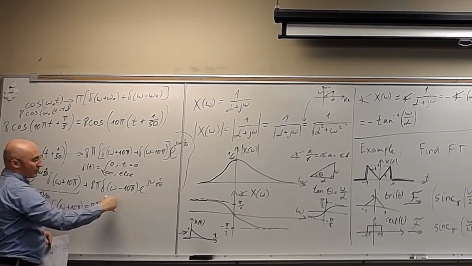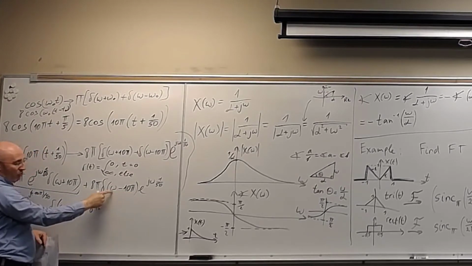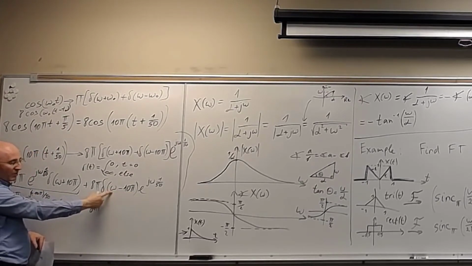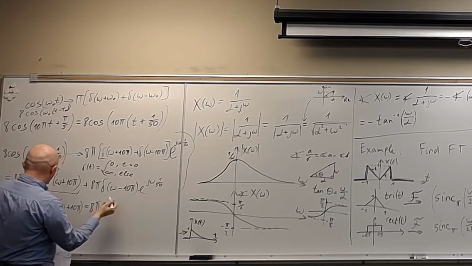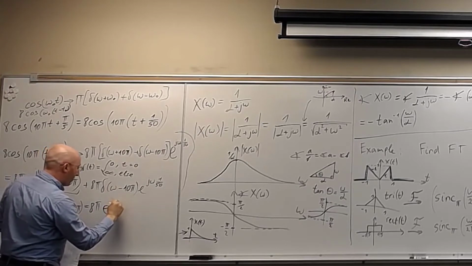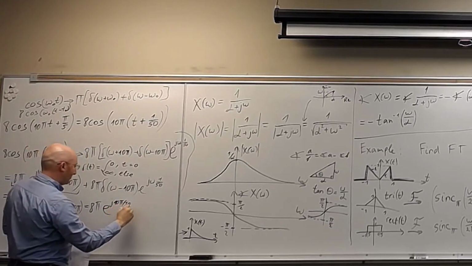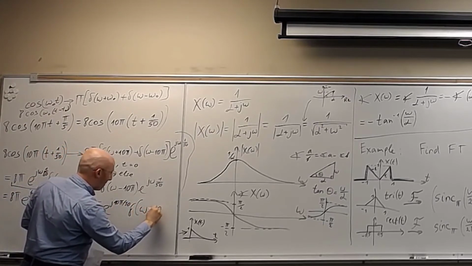This exponent will not be 0 only at omega equals 10 pi, right? Positive 10 pi. The same thing here. So it will be exponent j 10 pi divided by 50, delta omega minus 10 pi.